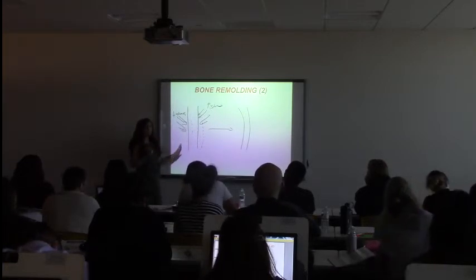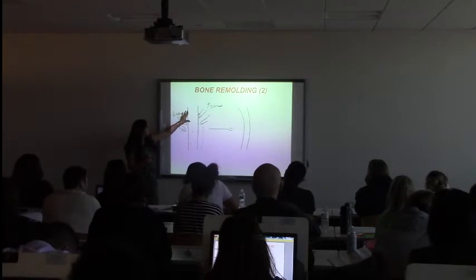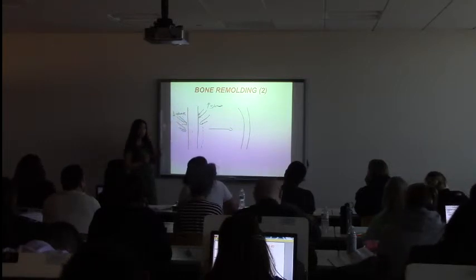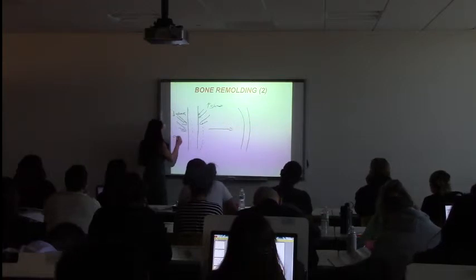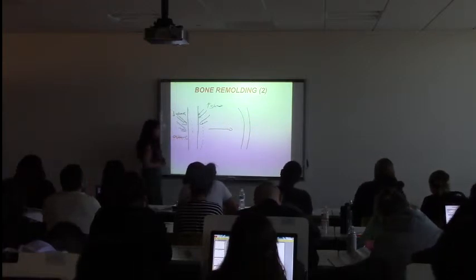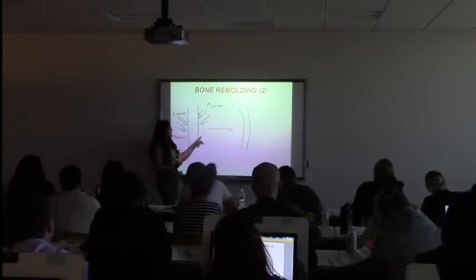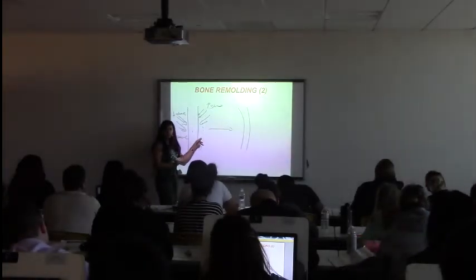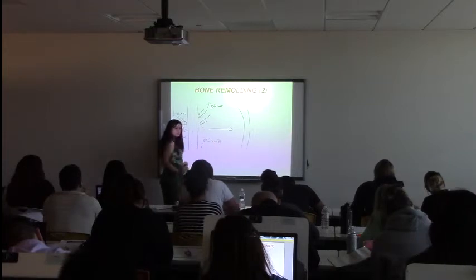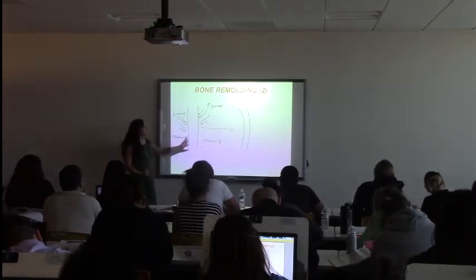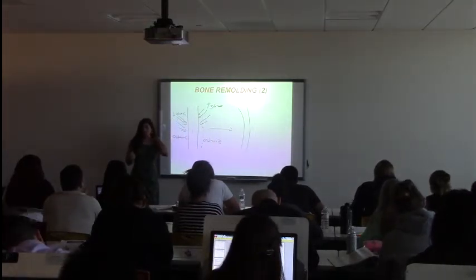Now, what cells do this? What cells do you think would be taking away bone from here? Osteoclast. Which cell would be depositing bone? Osteoblast. And these two cells are under hormonal control.